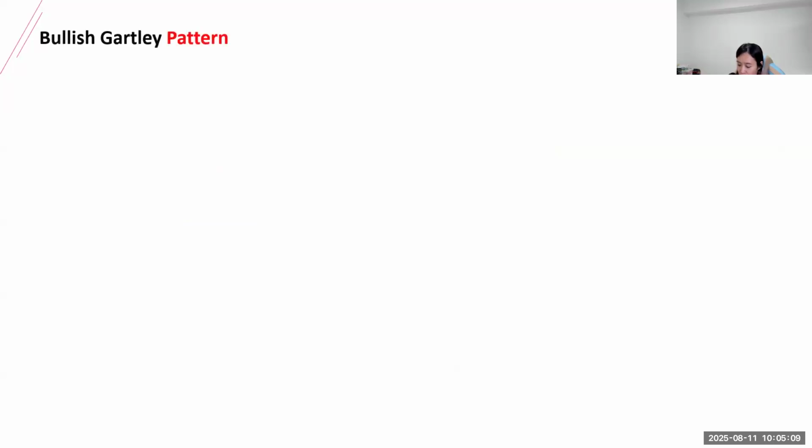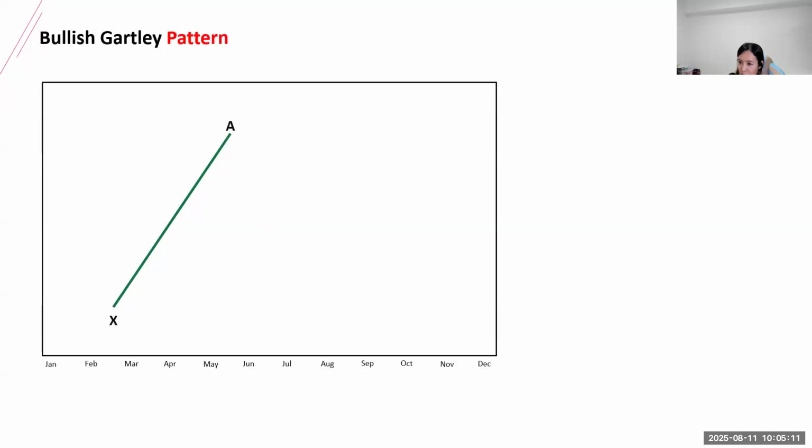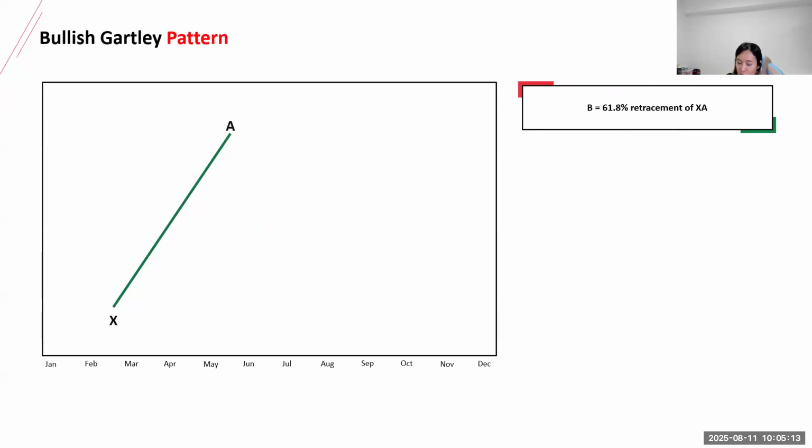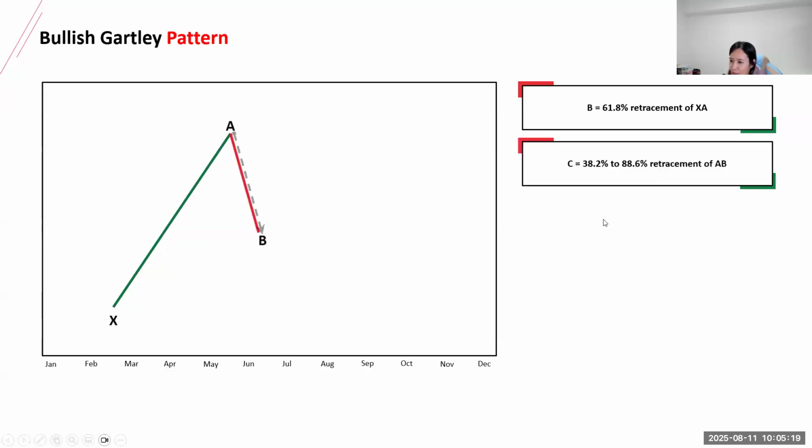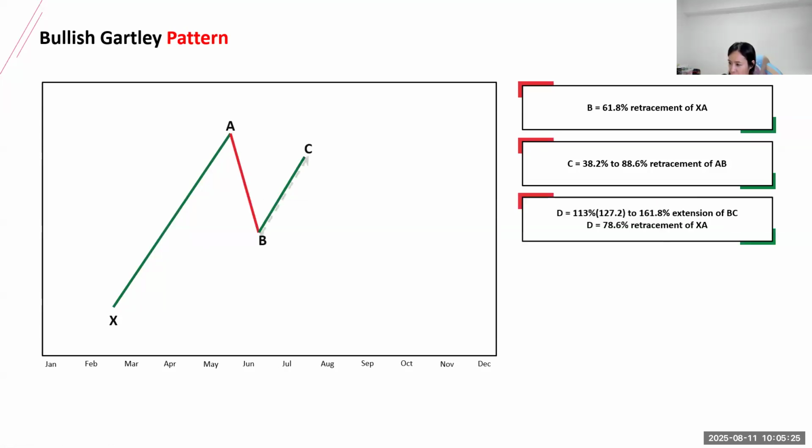Crab 38.2 to 61.8%. Gartley, B retraces 61.8%. C, same, 38.2 to 88.6%. C never changes.